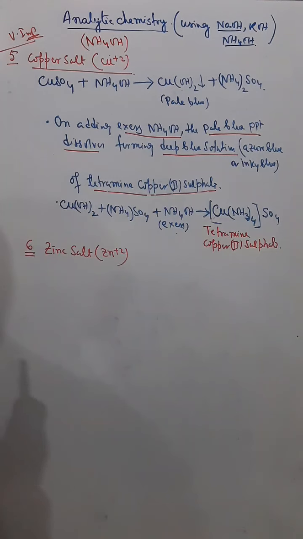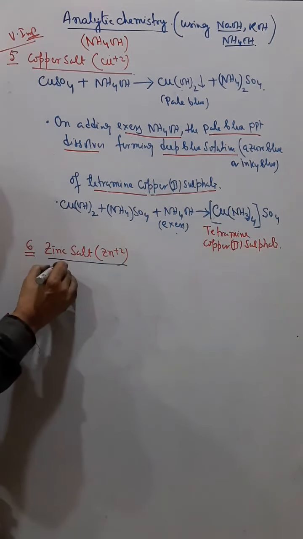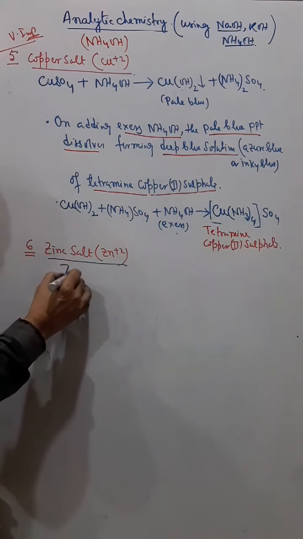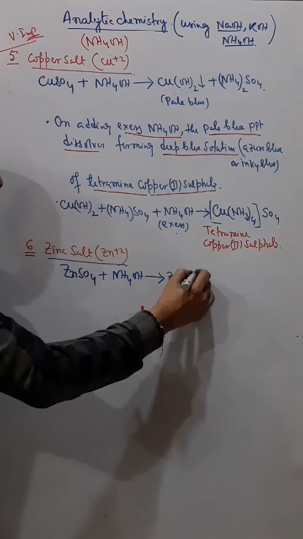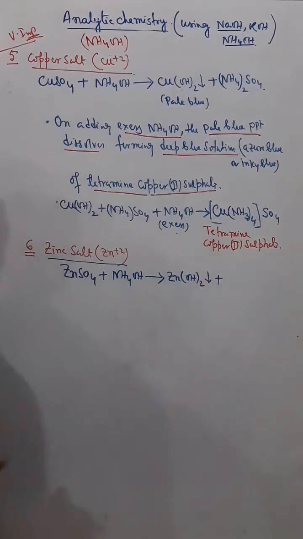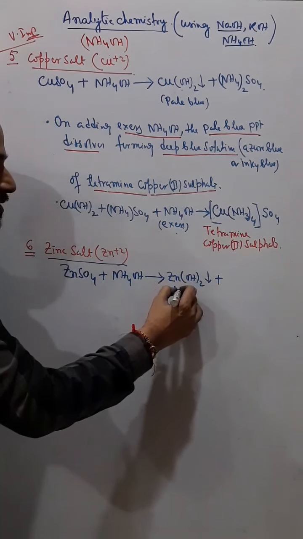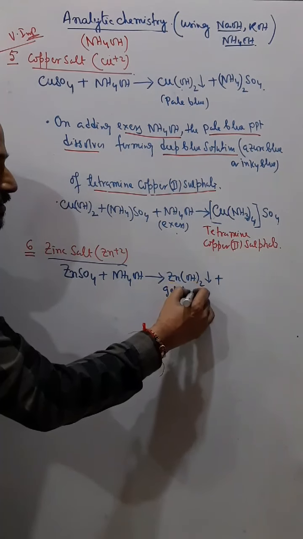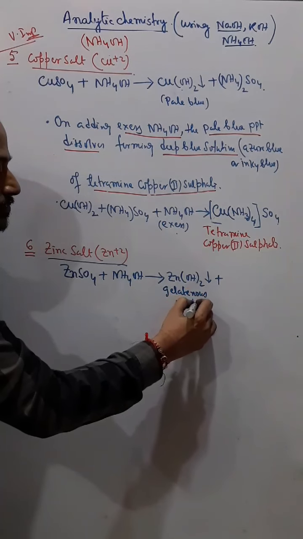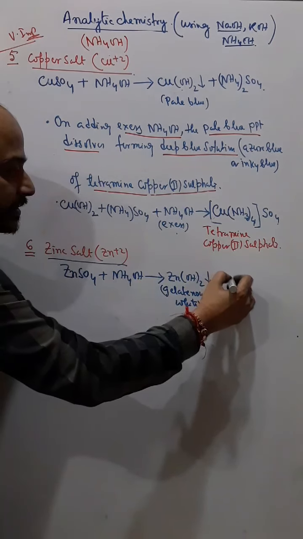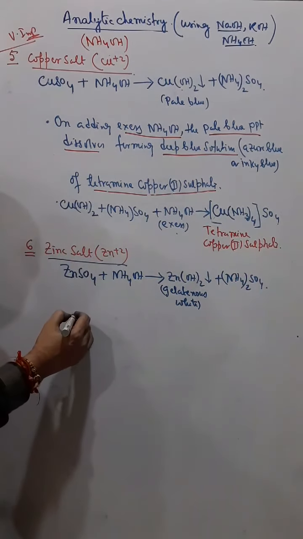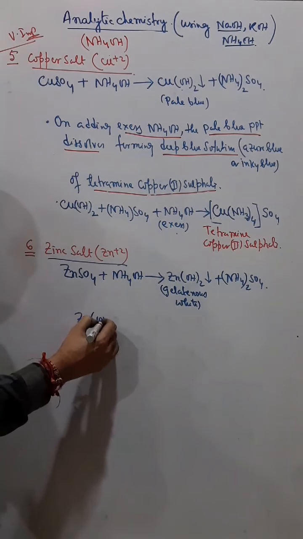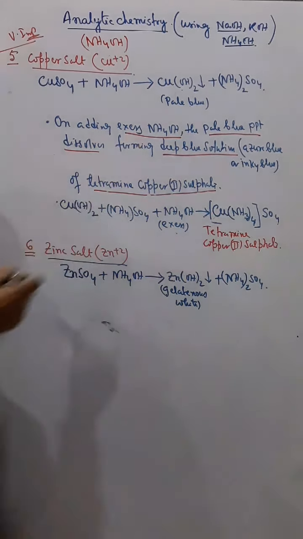So it's simple. So again you can write here zinc sulfate, ZnSO4 plus NH4OH. What you get, first Zn(OH)2 PPT, and that is gelatinous white precipitate, and we are getting ammonium sulfate (NH4)2SO4. Sorry, on adding excess, you have to write that statement.